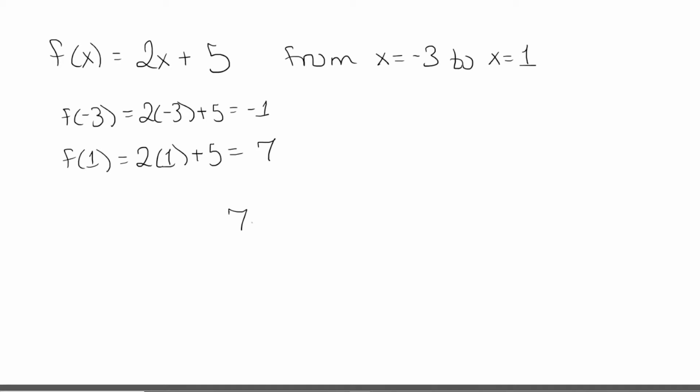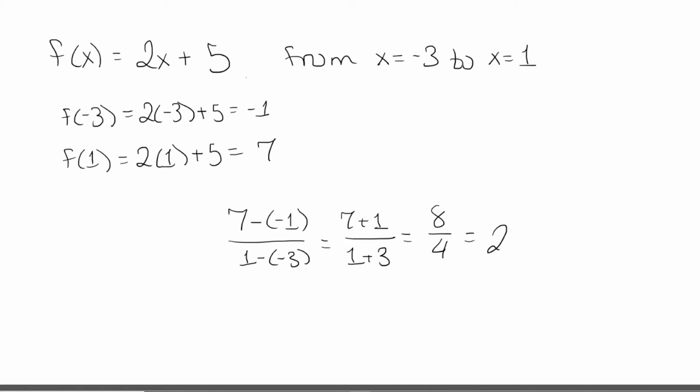So we have 7 minus negative 1 over 1 minus negative 3. In other words, 7 plus 1 over 1 plus 3, which is 8 over 4, or 2. Once again, the exact same as the slope from the original line.